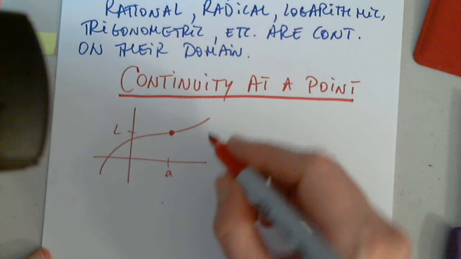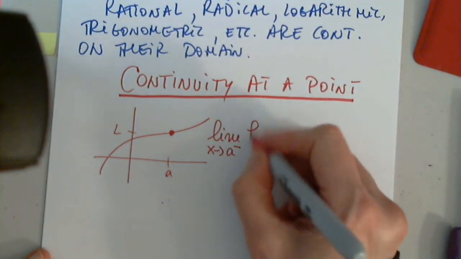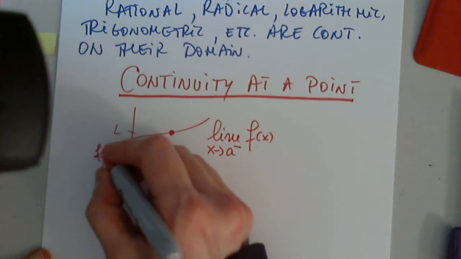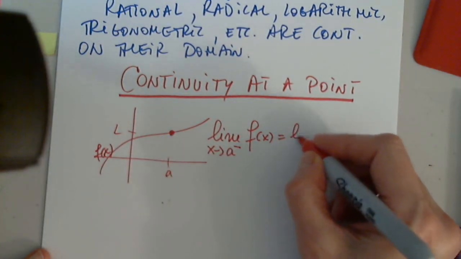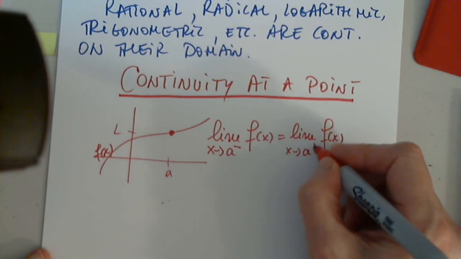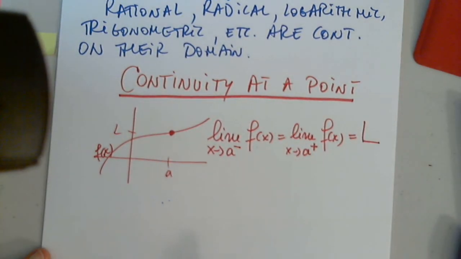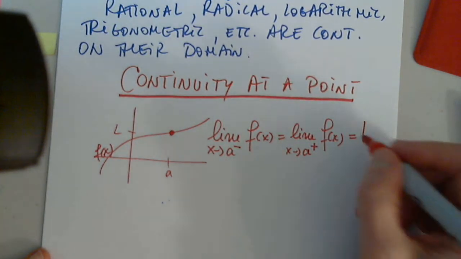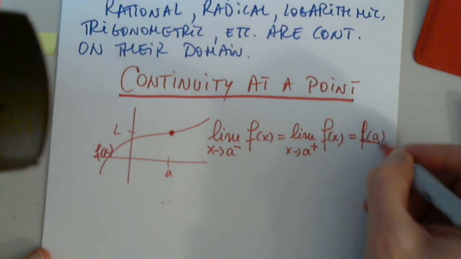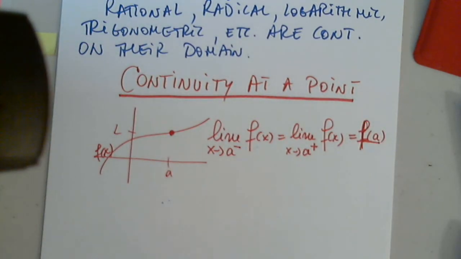So how do we write this? Limit as x approaches a from the left of f of x equals limit of f of x as x approaches a from the right equals f of a. So this is what does not happen here.